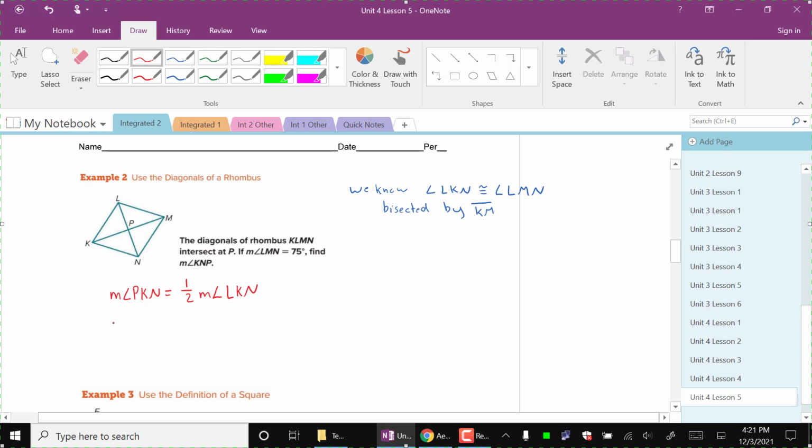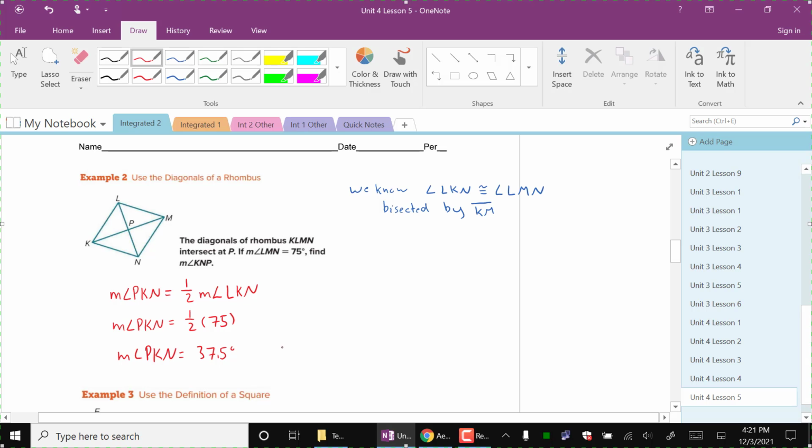So that means that the measure of angle PKN is going to equal 1/2 of 75. Well, 1/2 of 75 is going to be 37.5. So PKN equals 37.5 degrees. So that's going to help us out.